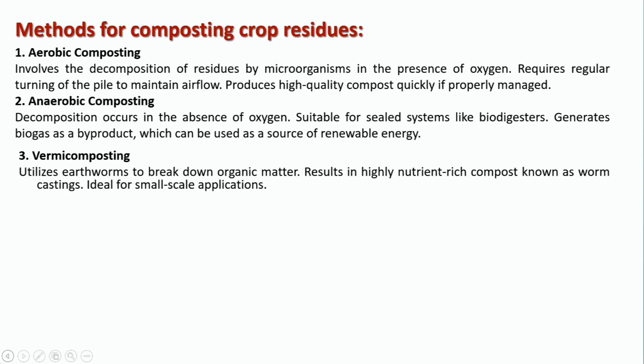The nitrogen content most specifically, and the potassium content, can be enhanced based on the resources you use. This is known as worm casting, and it is ideal for small-scale operations. Multiple customized levels of vermicomposting are possible, and people have demonstrated vermicomposting in multiple places.